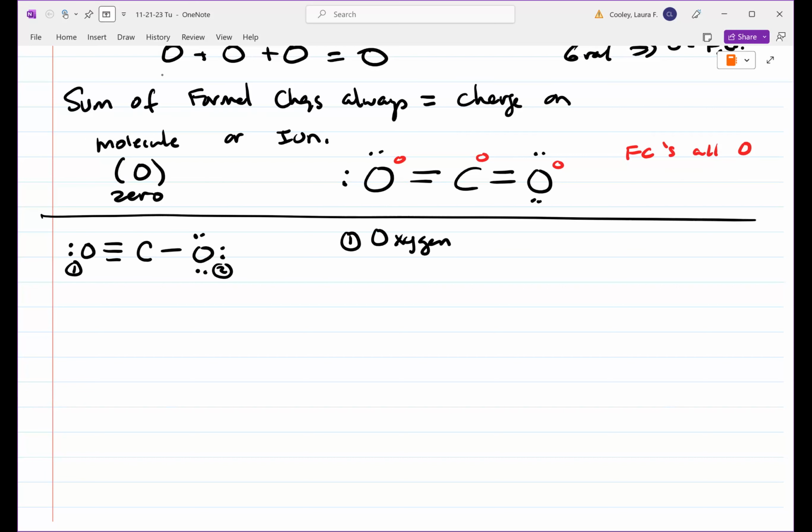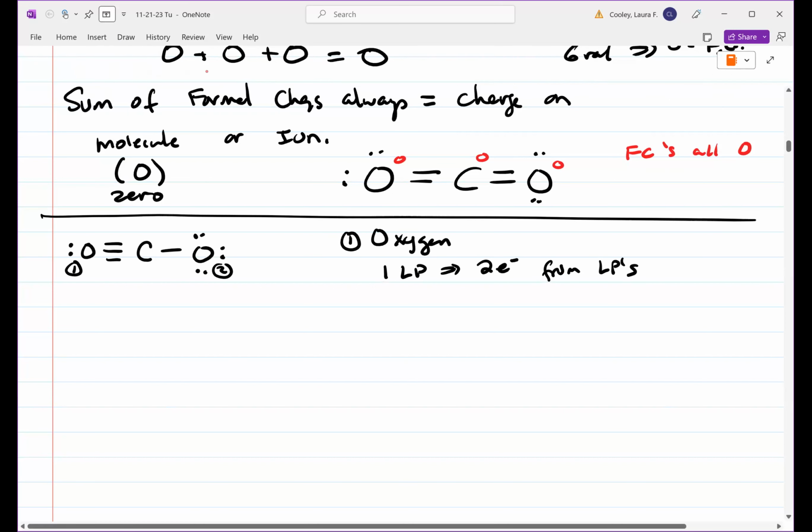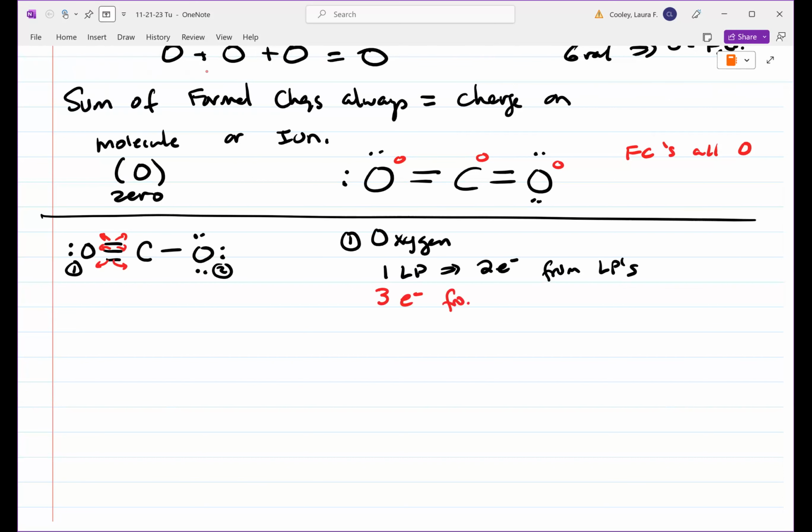So let's do the number 1 oxygen and figure out the formal charge, okay? So it has 1 lone pair. So that's 2 electrons from lone pairs. And then remember, each of these bonds goes half to one side and half to the other. So you've got 1 and 1 for each one of them. So you have 3 electrons from the triple bond.